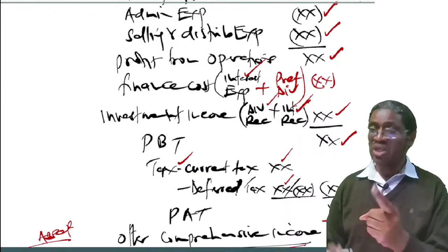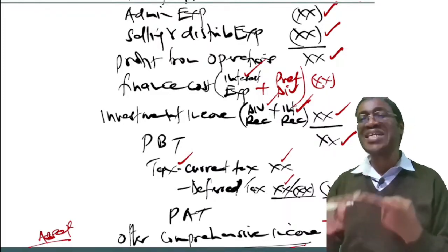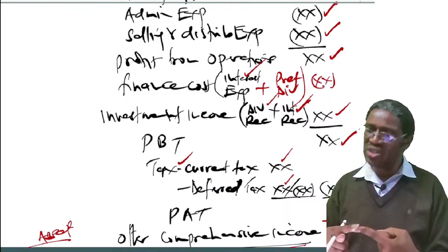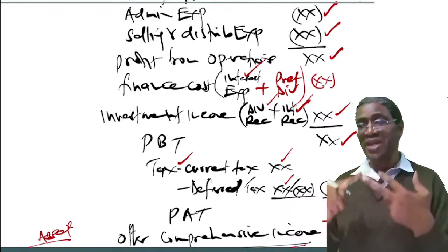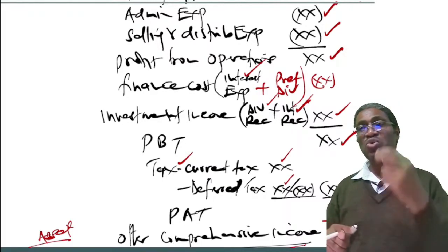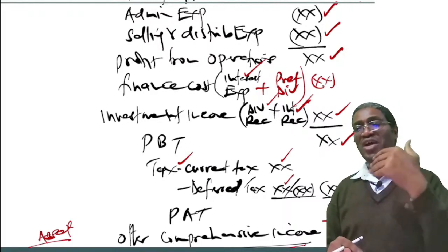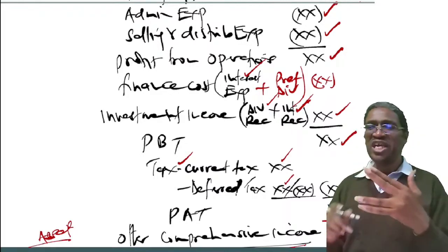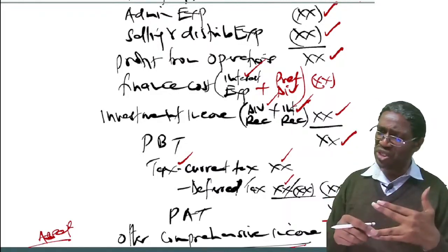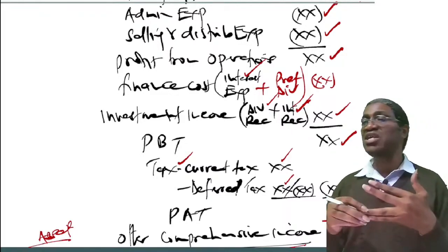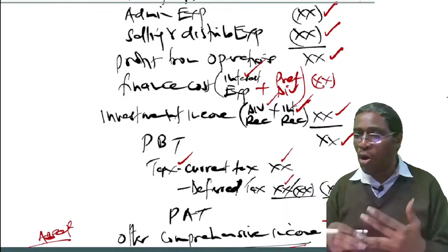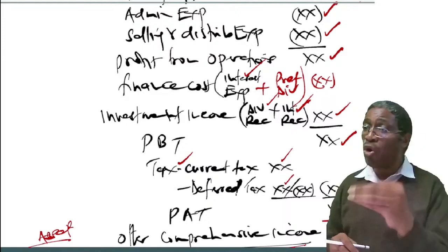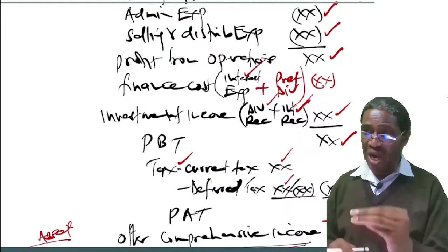I've told you, if it is redeemable preference share, take it to the balance sheet as a long-term liability. Why? Because you as a company have an obligation to pay back that amount. If it's a non-redeemable preference share, then take it to the balance sheet as a component of equity. Why? Because you have no obligation to pay back.